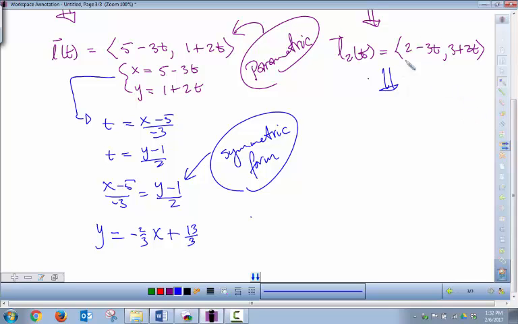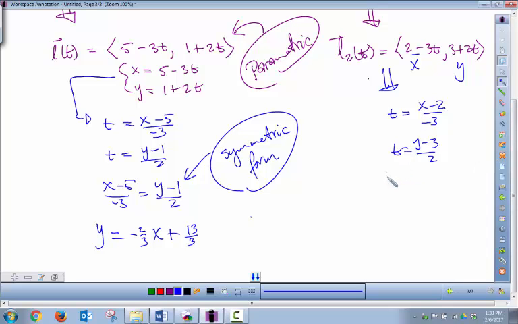All right, let's write this other one into symmetric form. So we got this is equal to x, and this is equal to y. So if I solve for t for the first one, t is equal to (x minus 2) divided by negative 3, and the t here would equal (y minus 3) divided by positive 2.